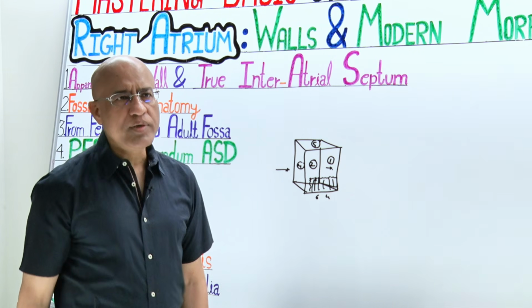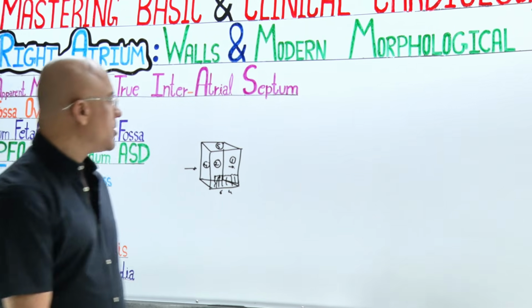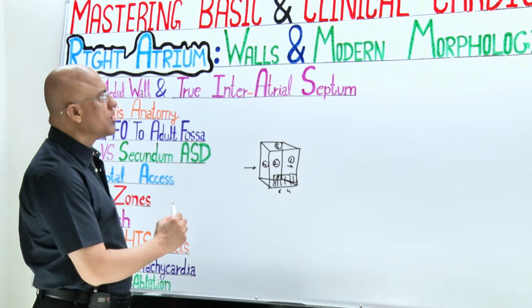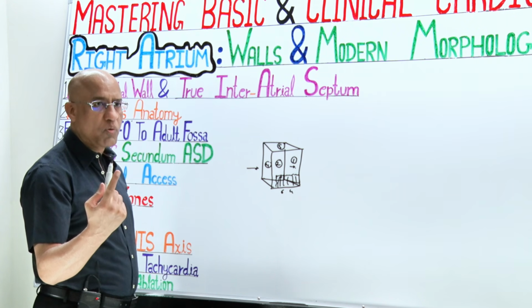But in modern cardiology, the right atrium is divided into 4 regions, not 6 walls.